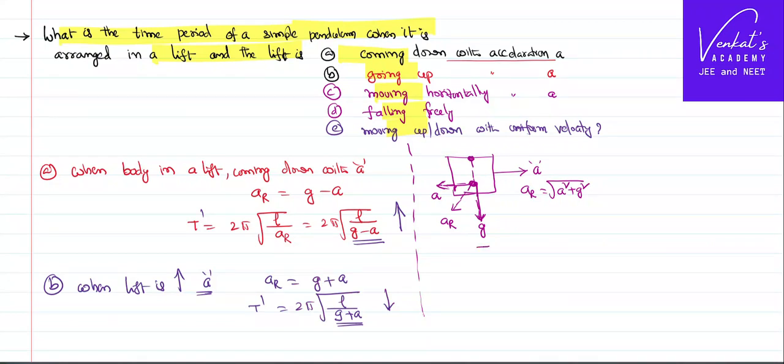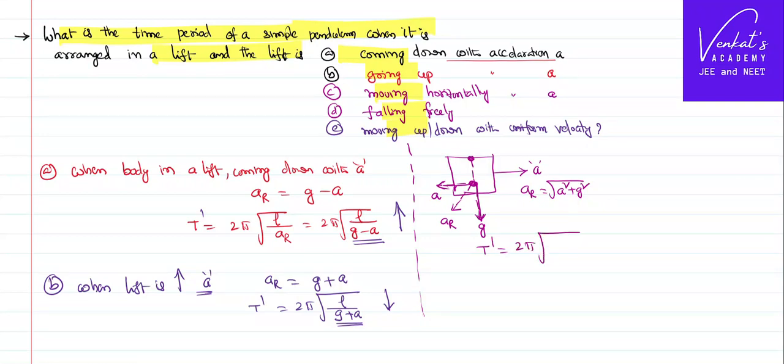So the new time period will become 2 pi into root of L by root of a square plus g square. This is also more than g. The denominator increases, so the time period decreases. That's the third case.